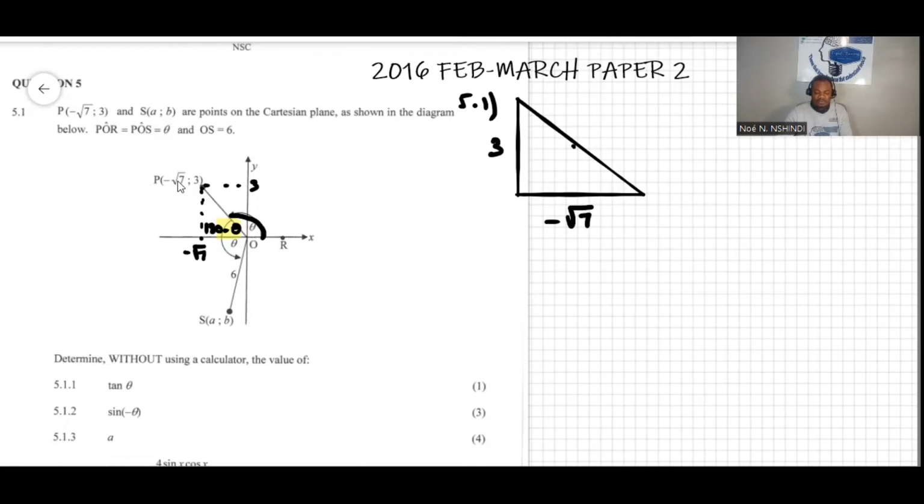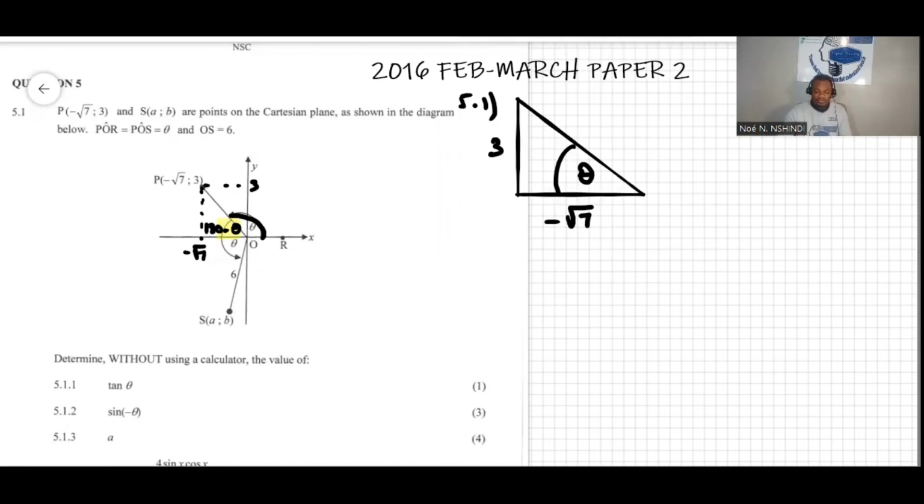Then this angle will be as good as angle theta. Instead of writing angle 180 minus theta, I can just write angle theta over here. The adjacent side is negative root 7 and the opposite side is 3. I always prefer to work out the values of all the sides of the triangle before I start answering the question.